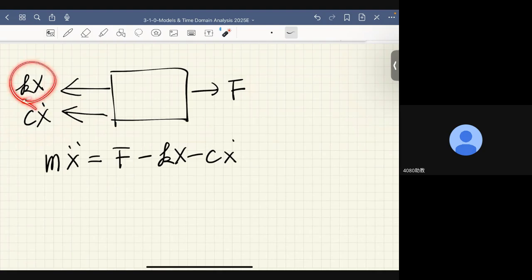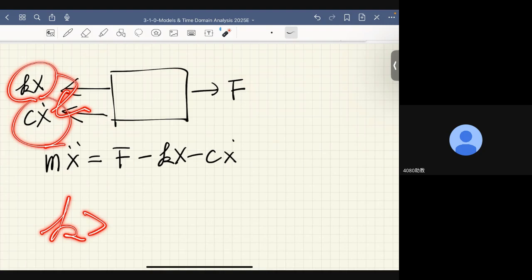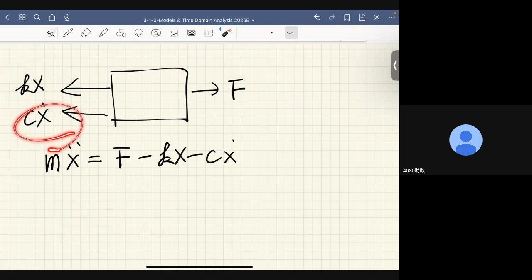If K is so large that kx, that is the spring force, overwhelms the damping force, let's say it is 1,000 times larger because K is simply significantly larger than C, then the damping effect becomes negligible.